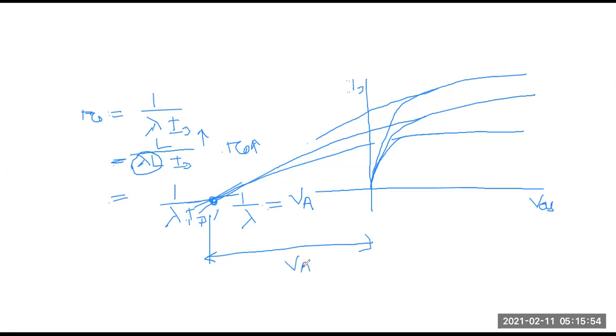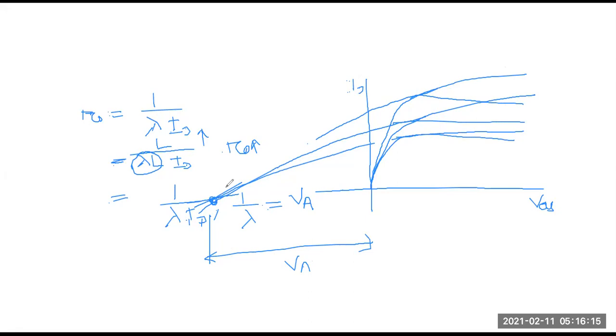This is nothing but VA. If this voltage increases, then your resistance will increase. If the lines are exactly parallel like this, then where will this point be? Far away. So the early voltage will be more, so that your output resistance will be more.